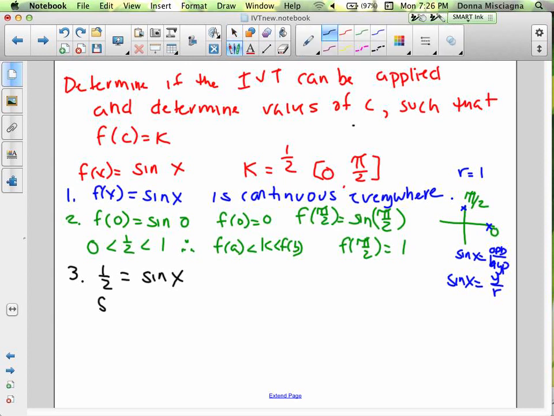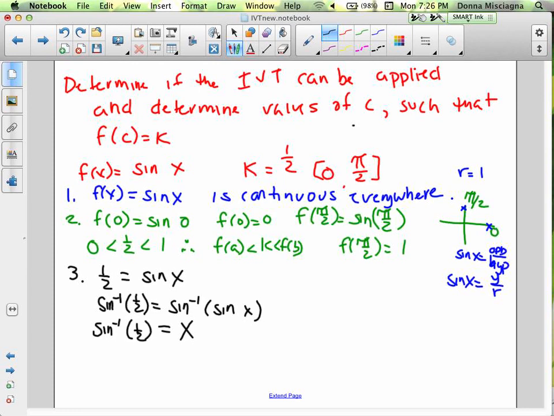So we have arc sine of 1/2 equals arc sine of sine x. Arc sine and sine cancel each other out, so that's just x. Now we have to take the arc sine of 1/2.